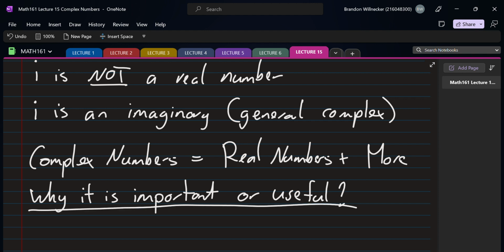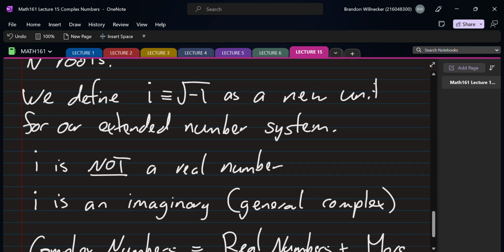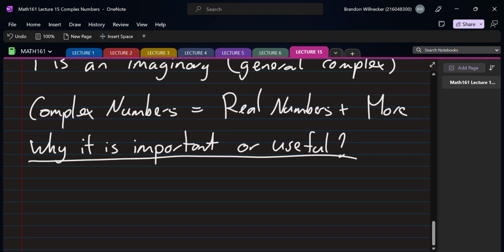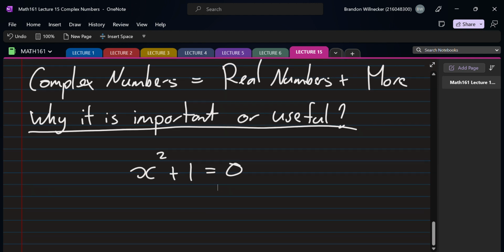Okay, so it's important or useful because this new number that we invented, this root minus 1 number, is the solution to that equation that we couldn't solve. So remember that equation, x squared plus 1 is equal to 0. This new number i is in fact a solution to this. So we couldn't find real solutions, but we can find complex solutions.